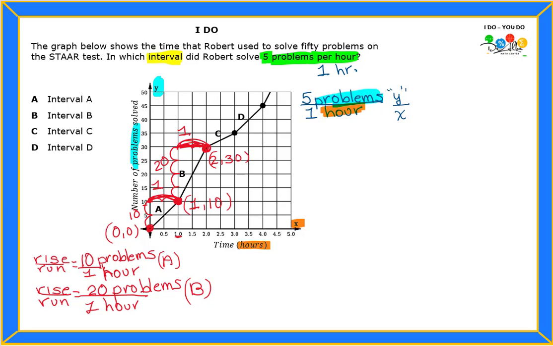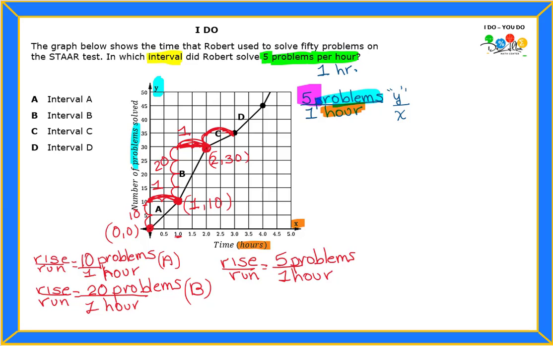So now I'm still gonna count by fives. This one will still be rise over run. In this case, it's gonna be 5 problems. And how many hours? Well, it's 2 boxes, but in reality, it's only 1 unit, which is 1 hour. I'm gonna erase a little bit so that we can see the actual C, which is the interval for that. So what do you notice right now?